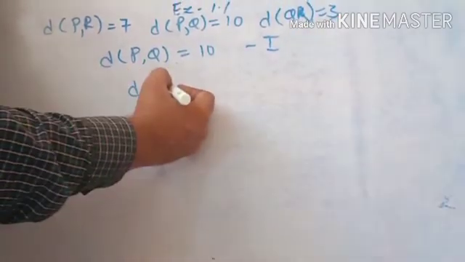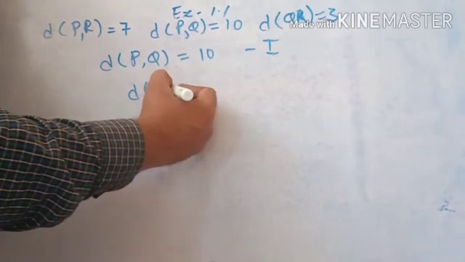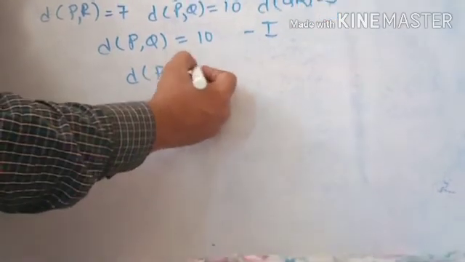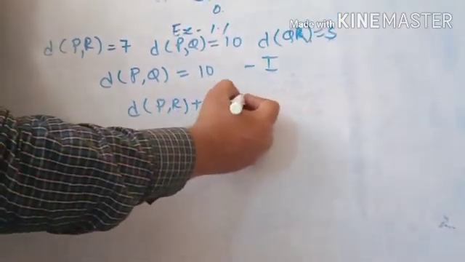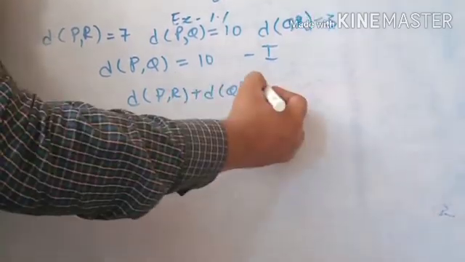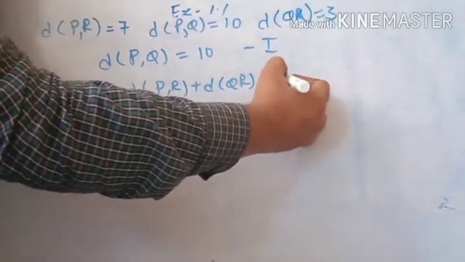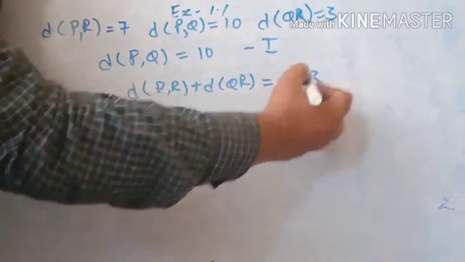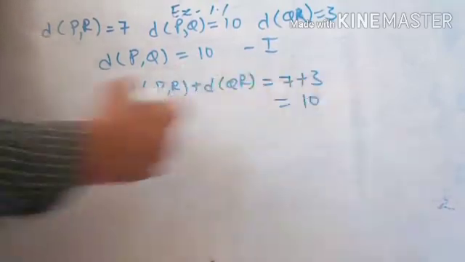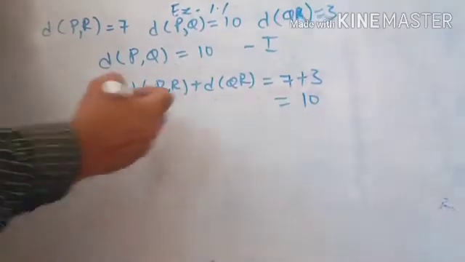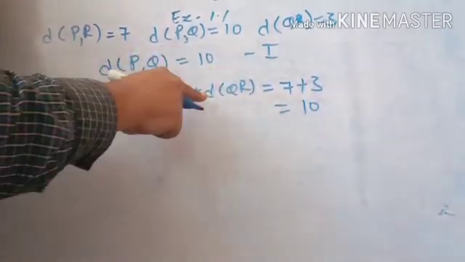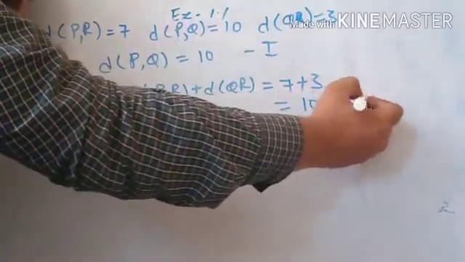Therefore, distance PR plus distance QR is equal to 7 plus 3, which is equal to 10. So distance PQ is equal to 10 and distance PR plus distance QR is also equal to 10.